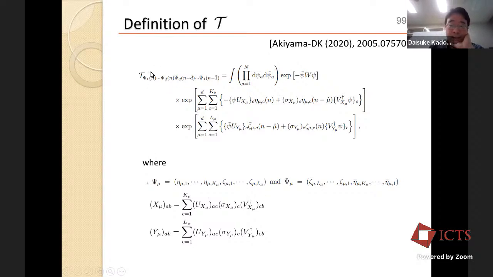This Grassmann index is defined on a link, but each index is made of K mu and L mu one-component Grassmann numbers.